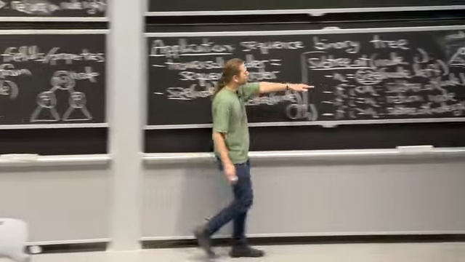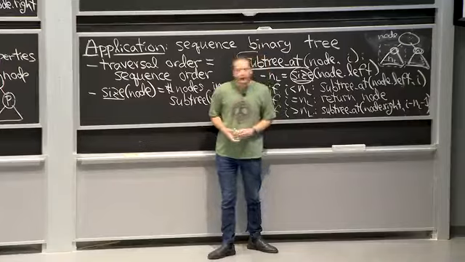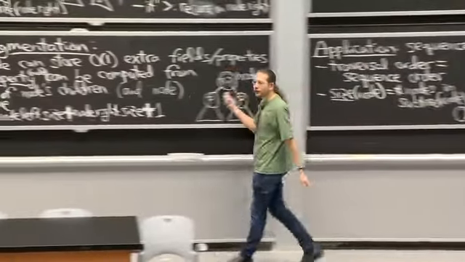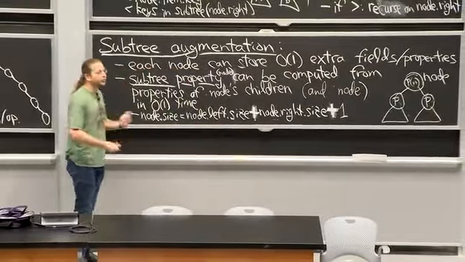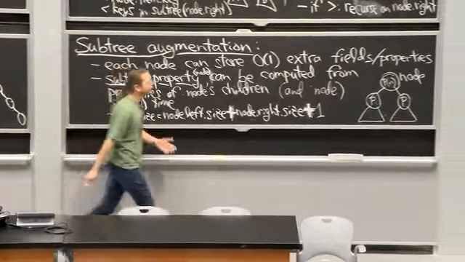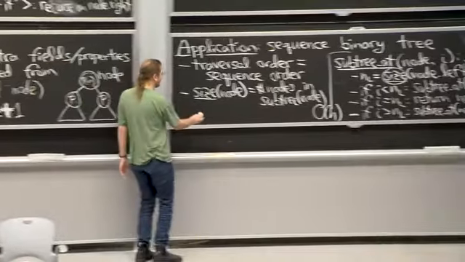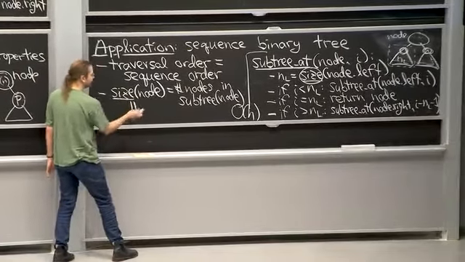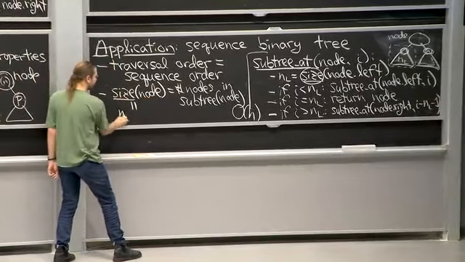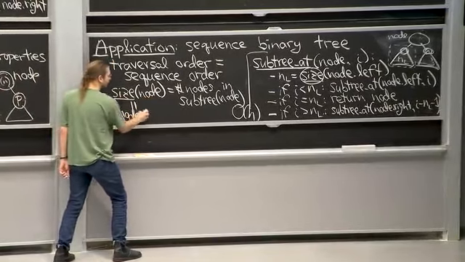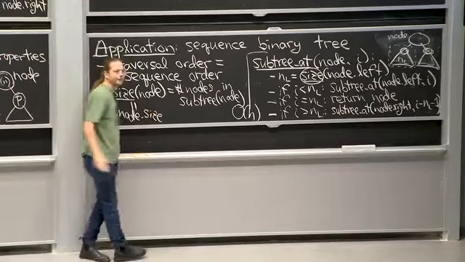If I'm calling size as a recursive function, it's bad. What I'm instead doing is storing the sizes on every single node and pre-computing this. So this is the definition mathematically, but the algorithm for this function is just going to be return node.size. So that's constant time.